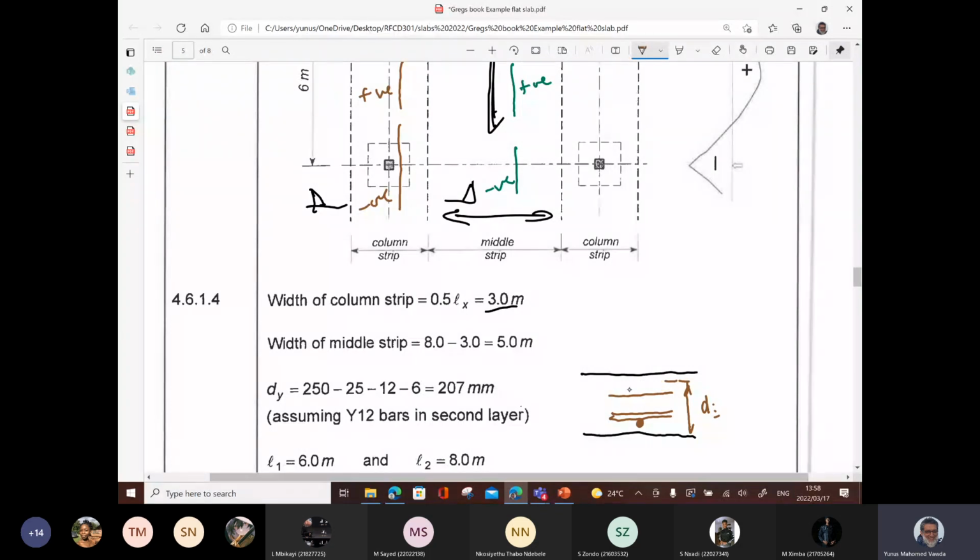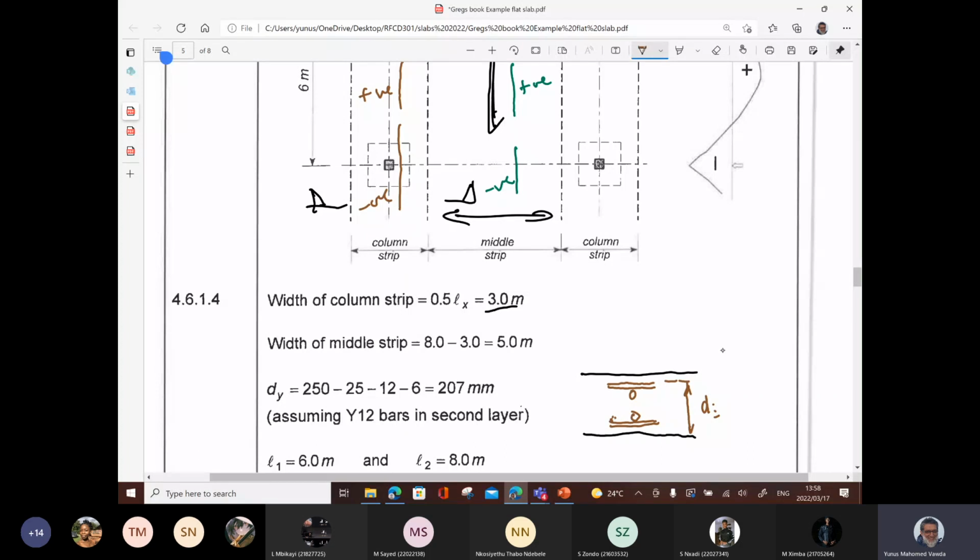We're looking at the short span. So the short span's inside and the long span's outside. My apologies, I mixed it up. I'll correct this now. In the short span, it's like that.